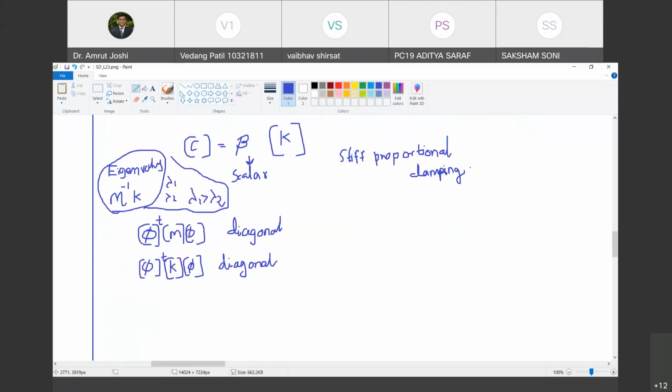If phi transpose M phi and phi transpose K phi are diagonal matrices, what can you say about phi transpose C phi for stiffness proportional damping? It will also be diagonal, because we represent C as beta times K, so phi transpose C phi is phi transpose beta K phi.